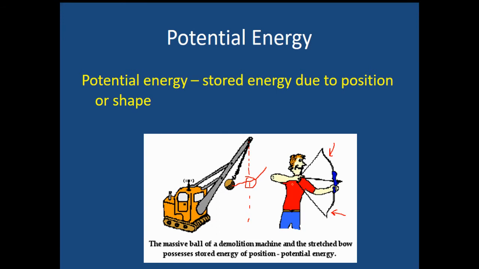So as you let go, there's nothing holding the limbs back anymore, and so they go back to where they want to be, which pulls the string, pushes the arrow out, giving it a lot of kinetic energy. So potential energy is based on storing energy somehow.